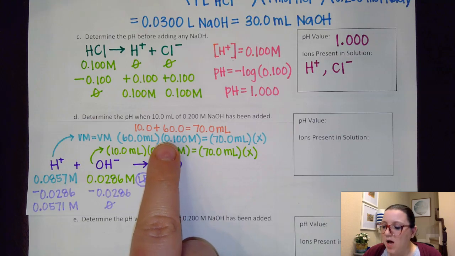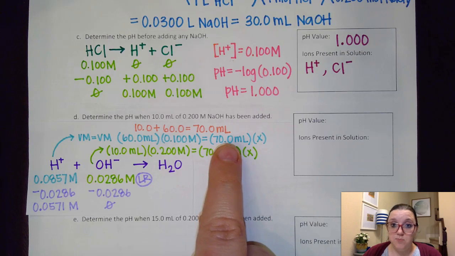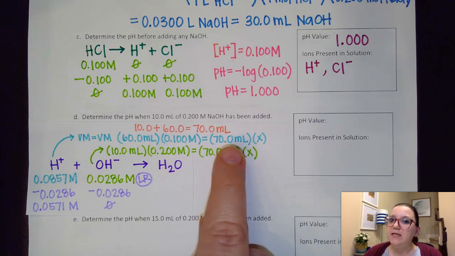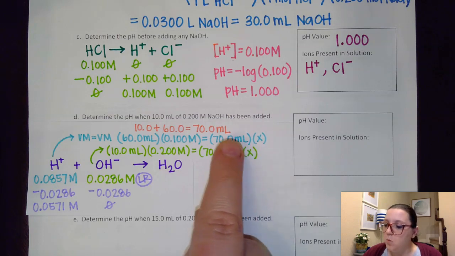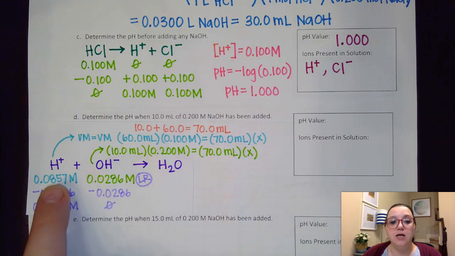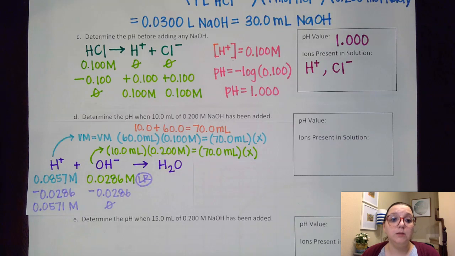But now I want to figure out that molarity when I have 70 milliliters of total solution. And what we should see is that molarity decreases a little bit as that volume goes up. I put my calculation answer down here. That gets an answer of 0.0857 molarity for that hydrogen ion now in the 70 milliliters.